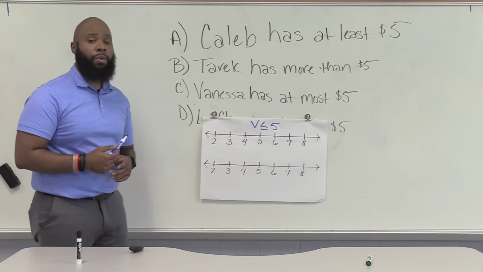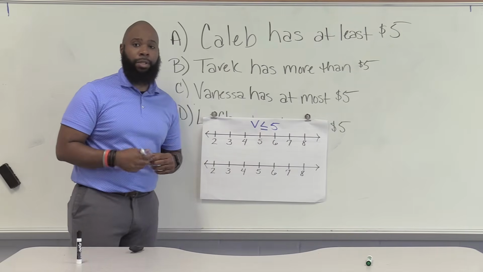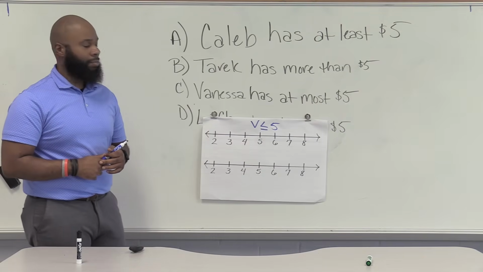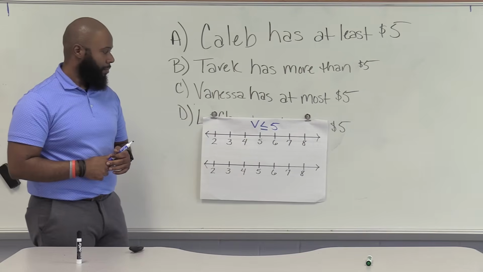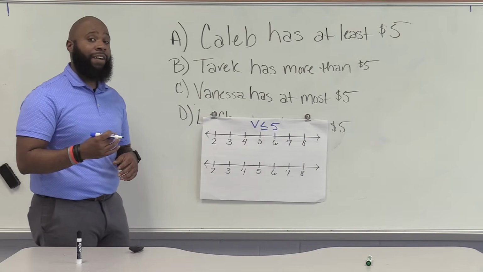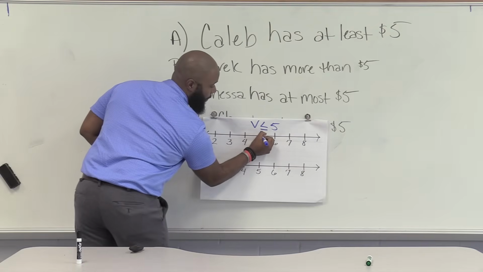We would put a circle on the 5 and then the arrow towards all the smaller numbers. But will this circle be solid or will it be an open circle? You're correct. It should be a solid circle because it's going to show that 5 is also a part of those solutions. So I'm going to do a solid circle on 5.